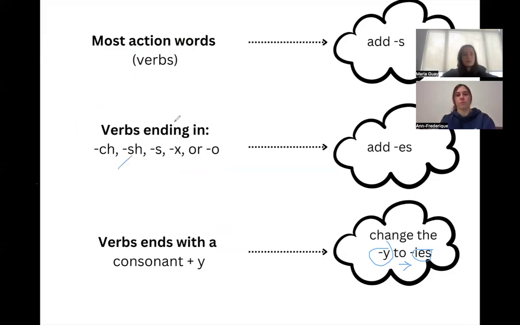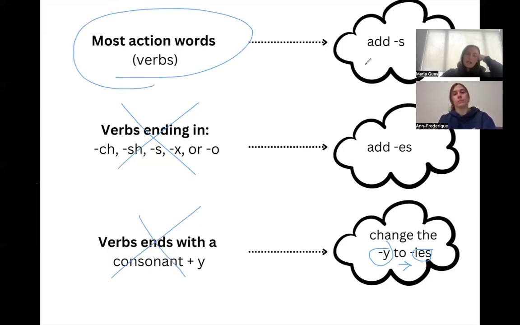No. So we'll just cross it out. Does the verb end with a consonant and a Y? Play. No, because it's a vowel. Remember, we saw it last class, vowels and consonants. So it's a vowel, so we can cross this one out. So we know that this is the one that we have to use. We have to add an S at the end.